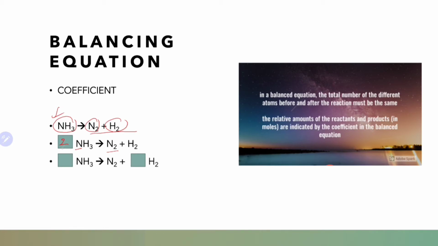After multiplying this by 2, we get 2N and 6H, 2 times 3. So we get 6H on the left hand side. And on the right hand side, we have only 2. So we need to multiply this by 3. So we have the balanced equation: 2NH3 decomposes into N2 and 3H2.